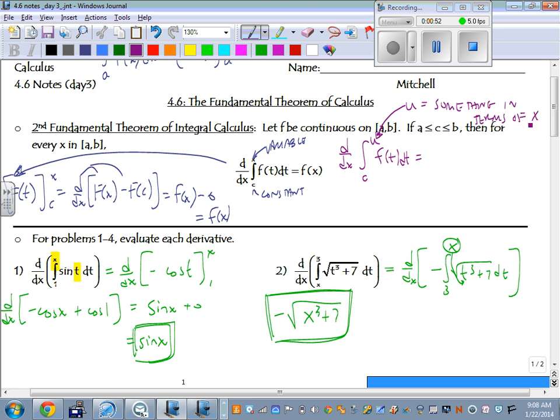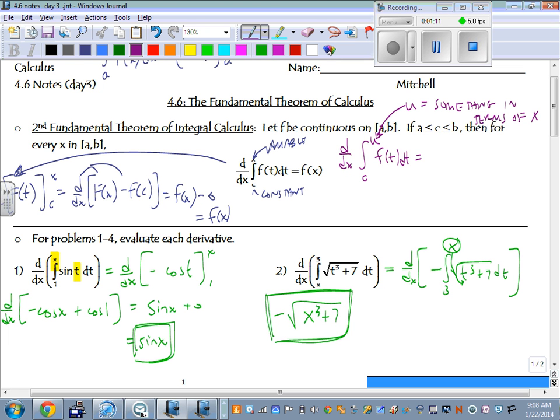Right, so it's an expression in terms of x. Could be 4x, like we have in number 3, or x squared minus 5x, or sine of 3x. Anything as long as it's something in terms of x. Well, we can still kind of use this shortcut, but we have to change it up a little bit. We have to add something.